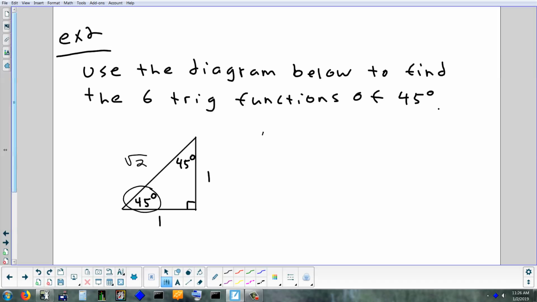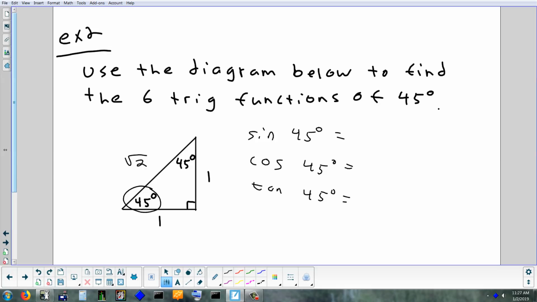All right, so let's go through our 6 trig functions. And now I don't need to write theta because I'm not working with an unknown angle. I know the angle I'm working with. It's 45. Robin?